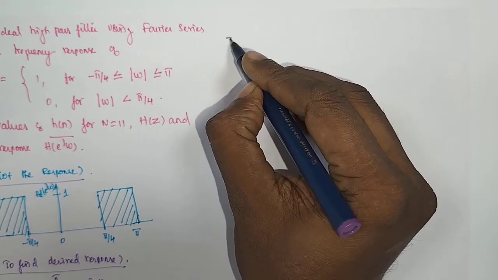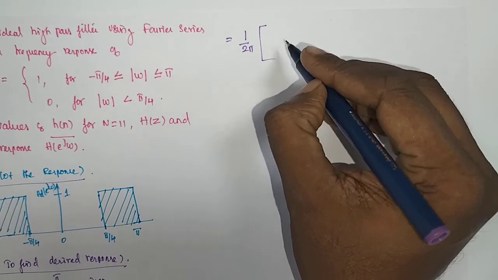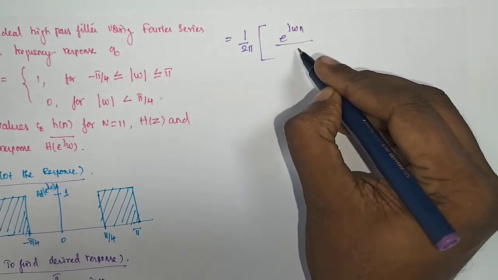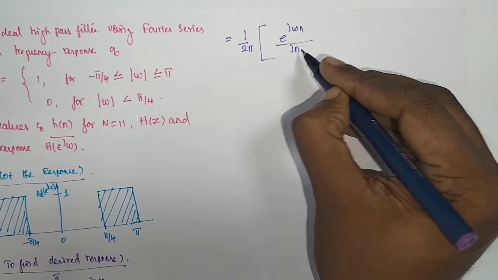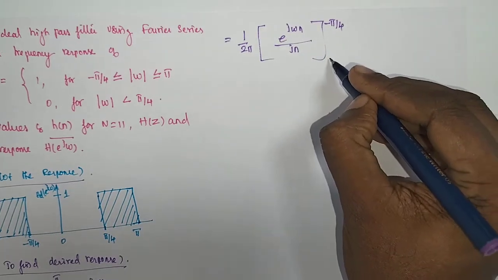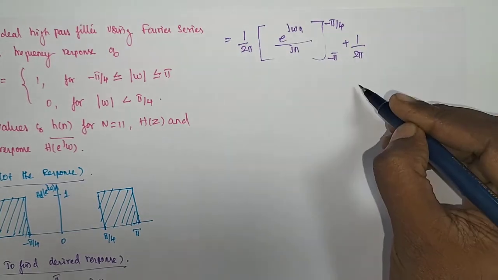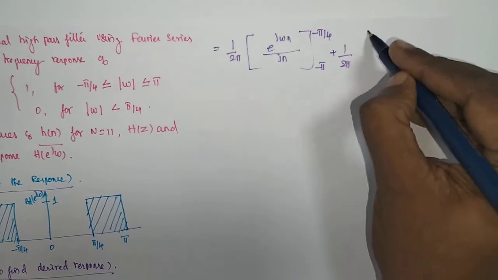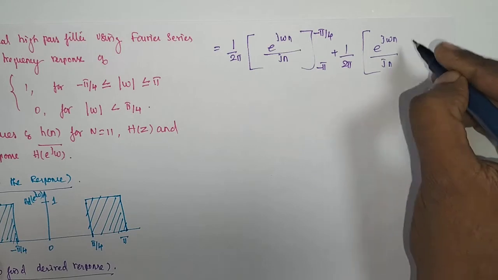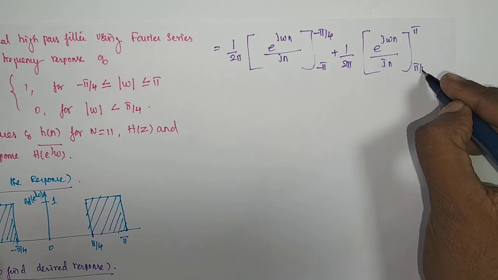This equals 1 by 2 pi times the integration of e power j omega n, that is e power j omega n divided by j n, with the limits minus pi to minus pi by 4, and similarly plus 1 by 2 pi times e power j omega n by j n with the limits from pi by 4 to pi.